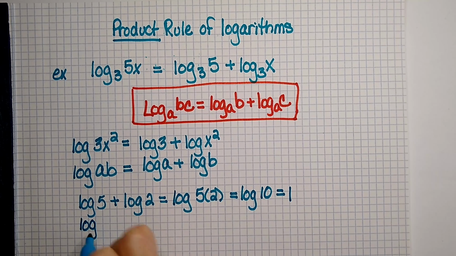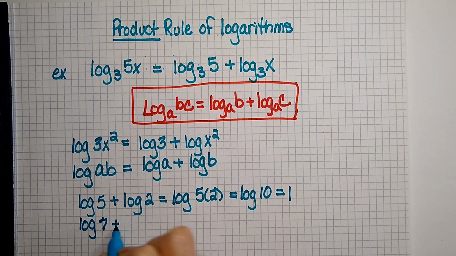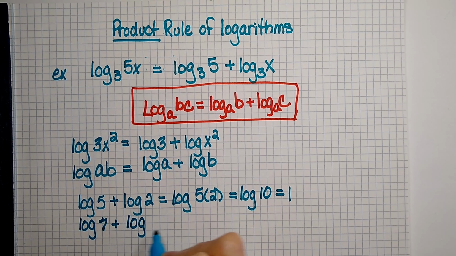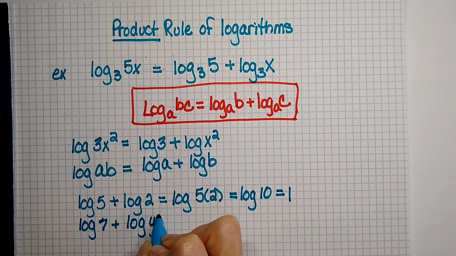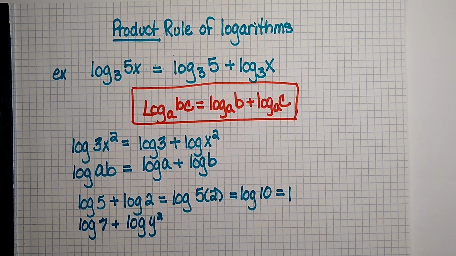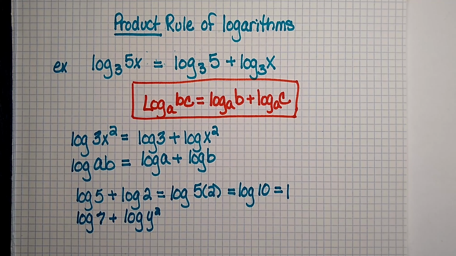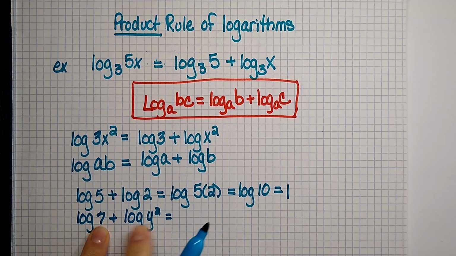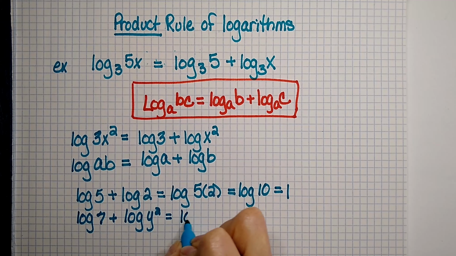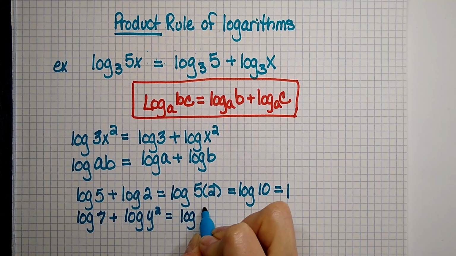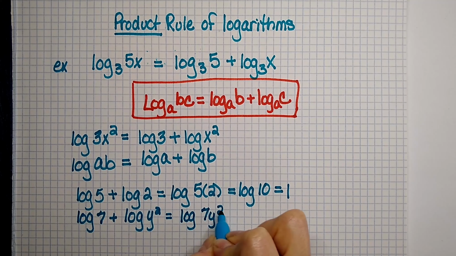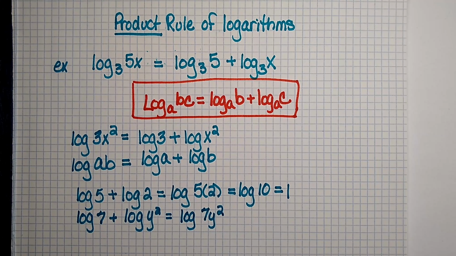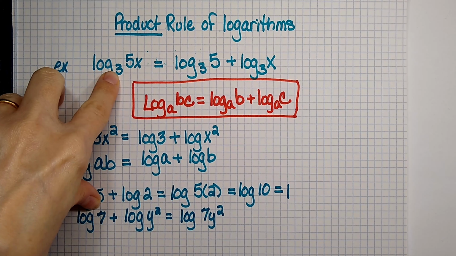If I have log of 7 plus log of y squared, and I want to put that into one logarithm, I'm going to just simply multiply the 7 and the y squared together, so it's log of 7y squared, and I can just leave it like that. And again, these are all base 10, but pay attention because sometimes the base will change.